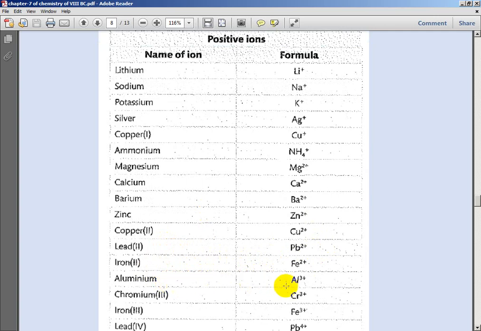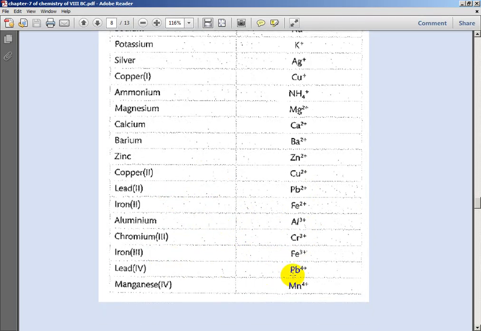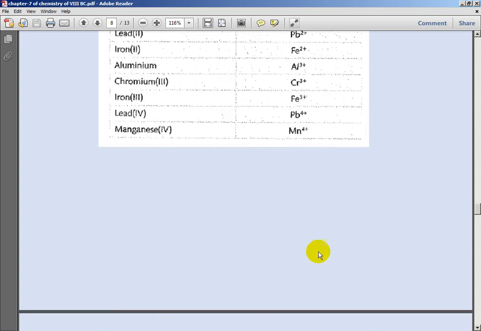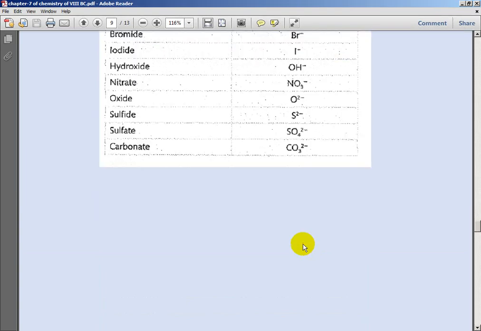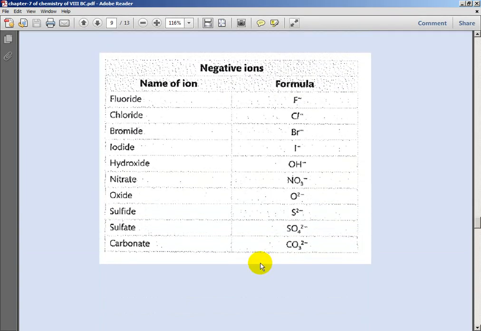aluminum 3 plus, chromium 3 plus, iron 3 Fe 3 plus, lead 4 Pb 4 plus, manganese 4 Mn 4 plus. Now we see the anions, negative ions.